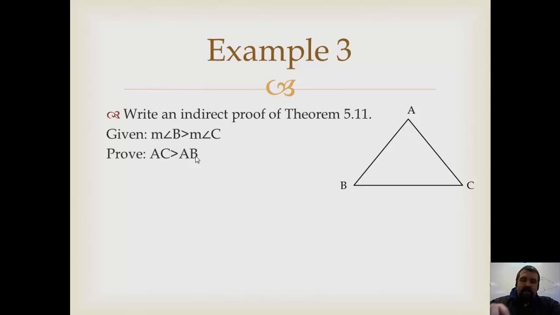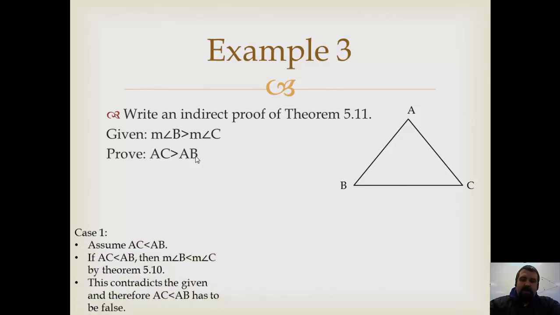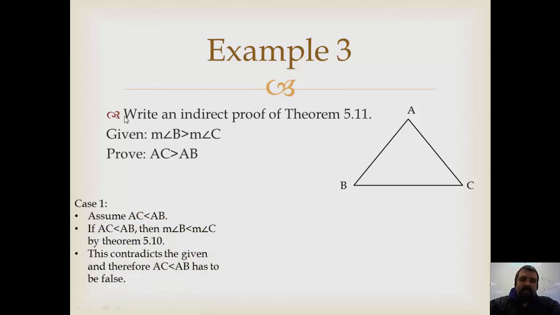The first part, what if I had length of segment AC be less than length of segment AB? So in case 1, I'm assuming this is true. Well, if this is true, then I would have measure of angle B being less than measure of angle C by theorem 5.10.